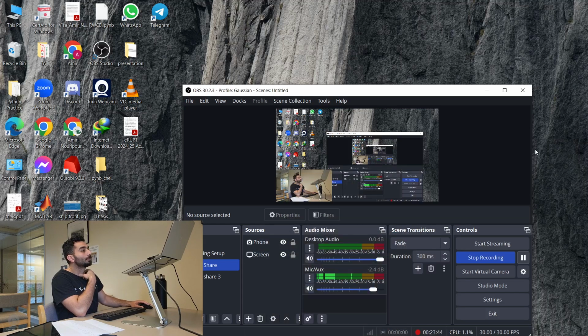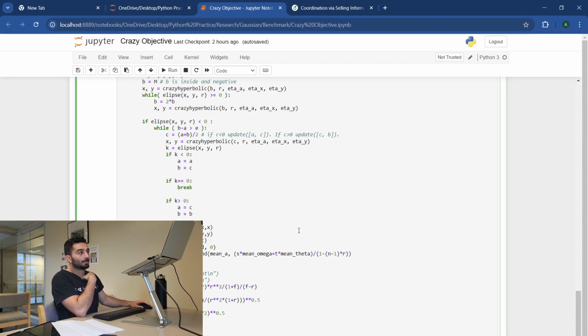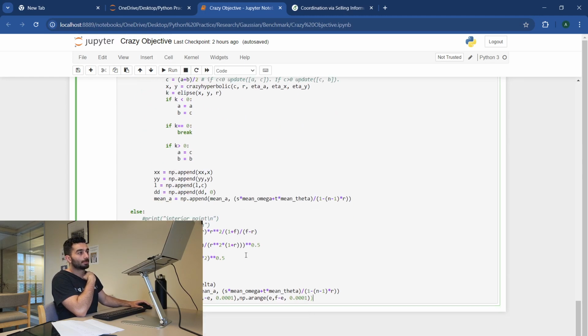What is this one? So crazy hyperbolic xi, I guess these are all good. X, y, y.